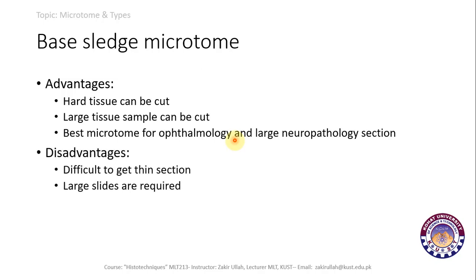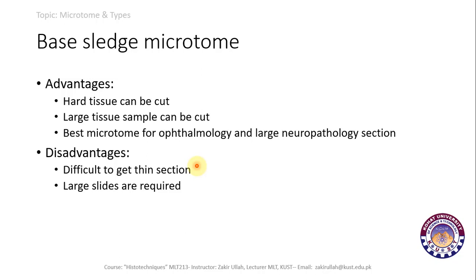The disadvantages of the base sledge microtome include that it is very difficult to get thin sections with it, as the section size of this microtome is 10 micrometers or more.